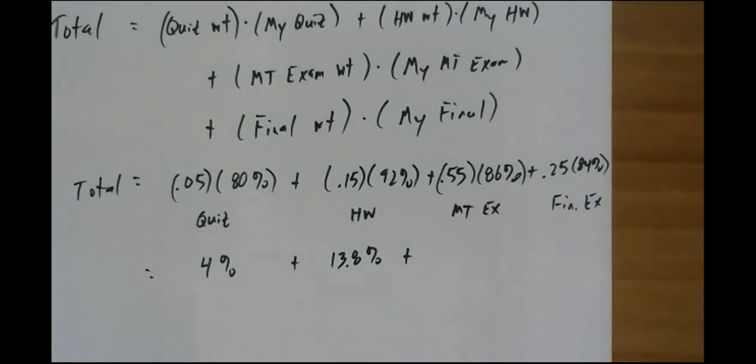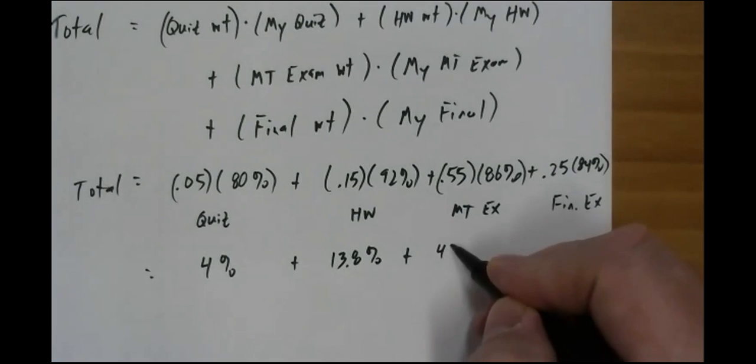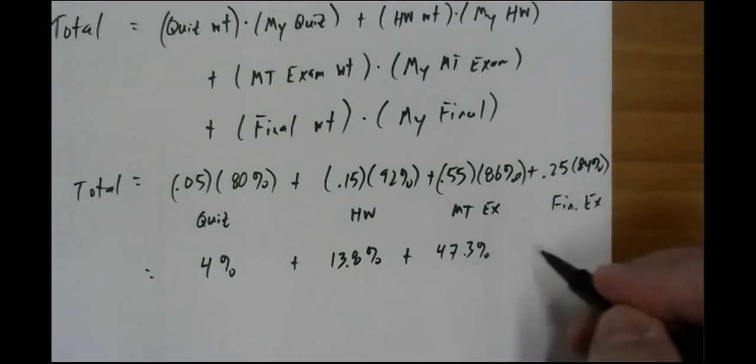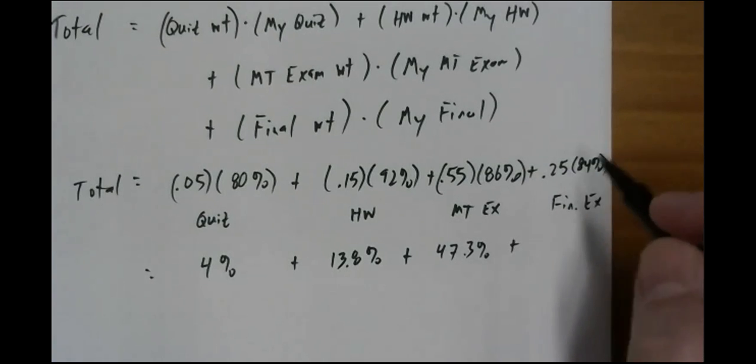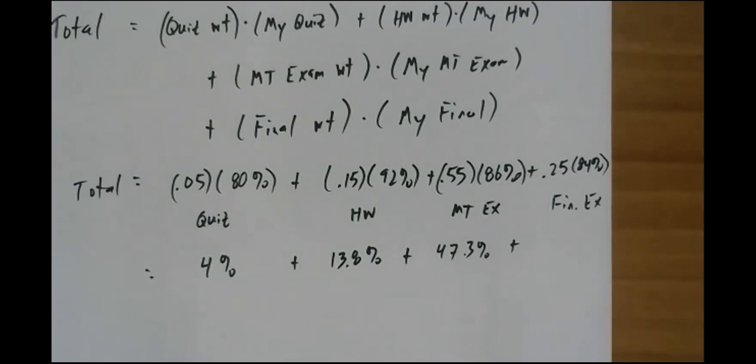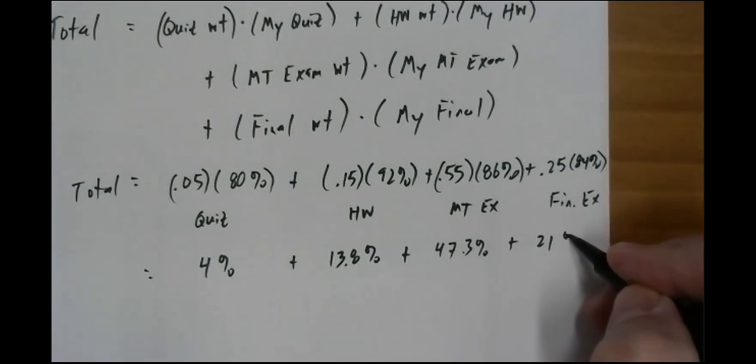Then for the midterm, 0.55 times 86 equals 47.3%. And then finally, 0.25 times 84 equals 21%.